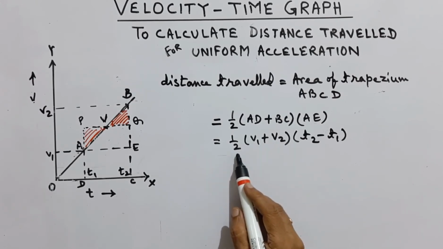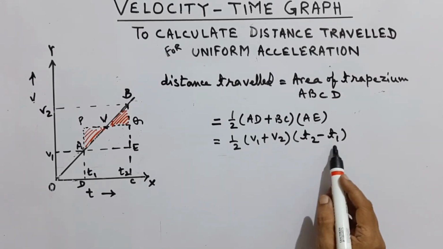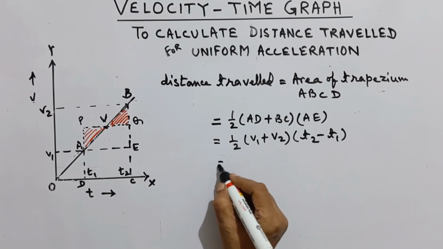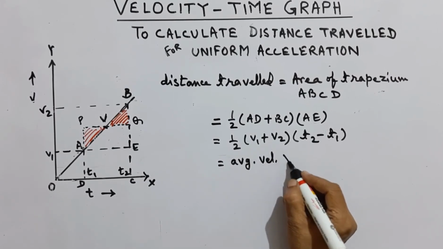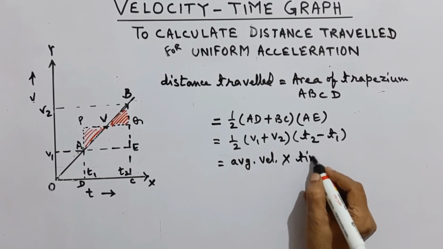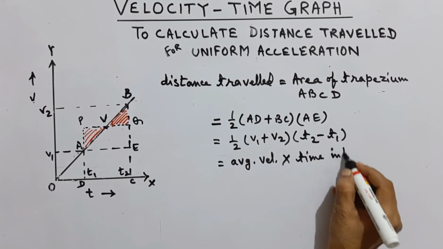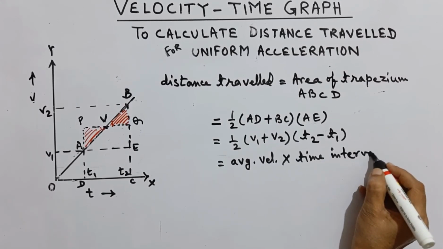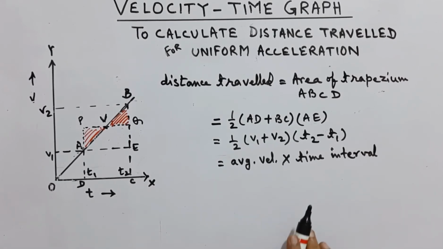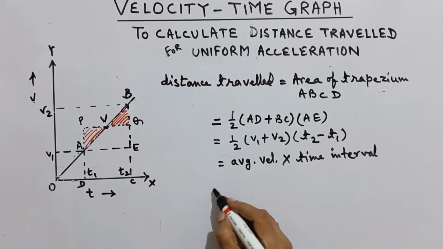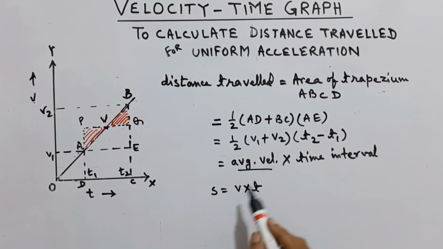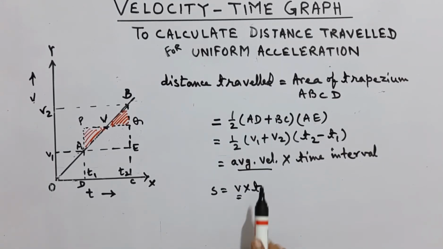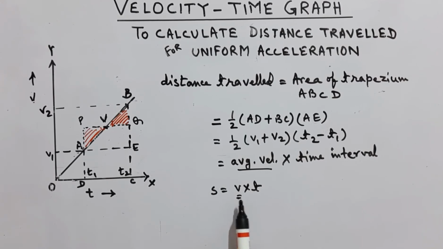V1 plus V2 upon 2 is the average velocity and T2 minus T1 is the time interval. So this is average velocity multiplied by the time interval. So this formula agrees with the formula for the distance travelled. Distance travelled S is equal to V into T. Here average velocity acts as the velocity and time interval t.